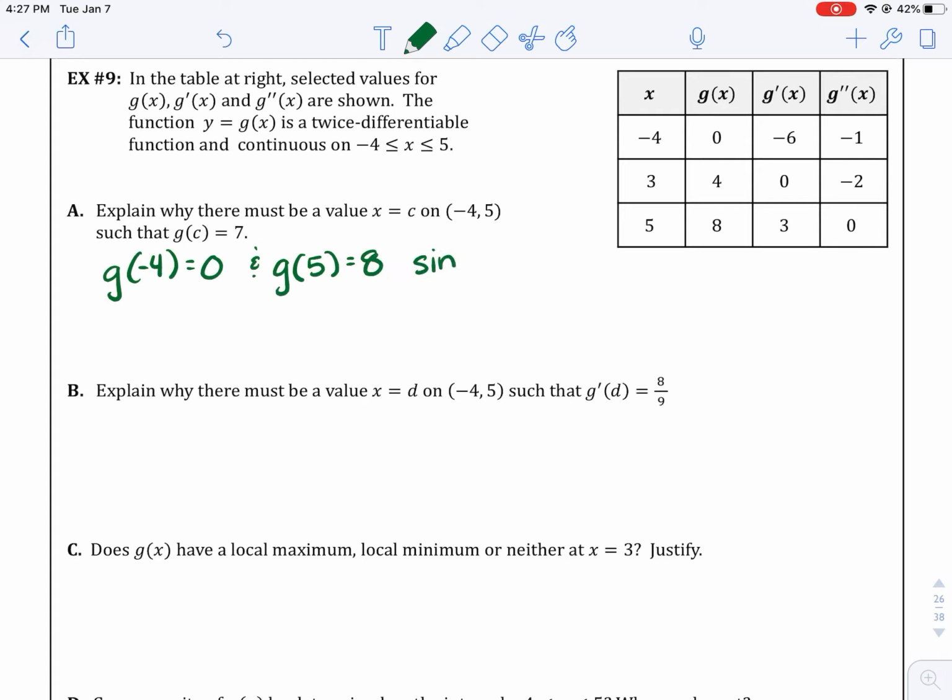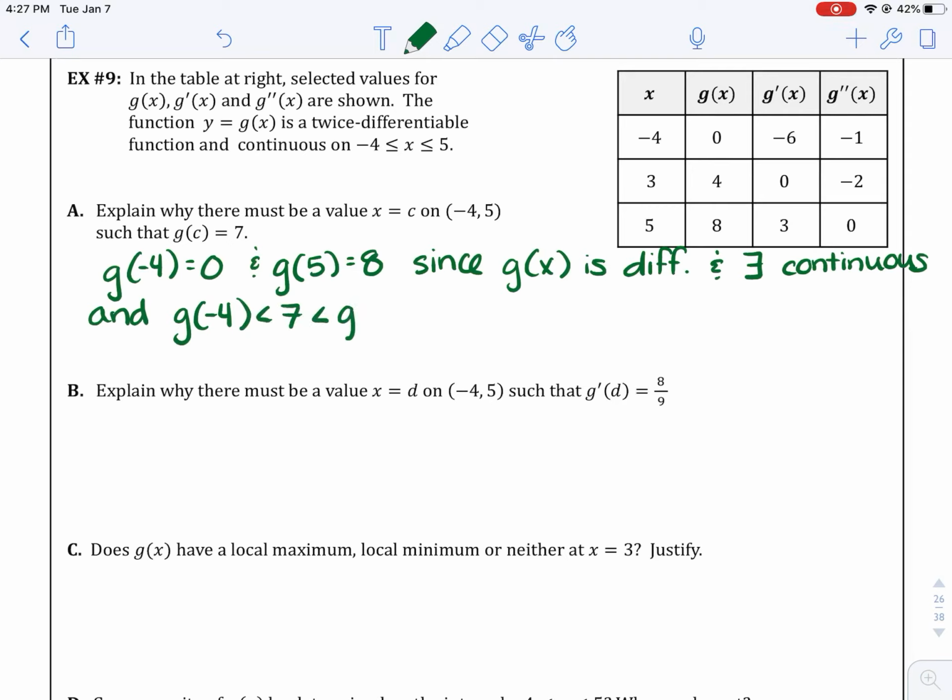So since G of X is differentiable and therefore continuous, and so that 7 falls between G of -4 and G of 5, then let's see.